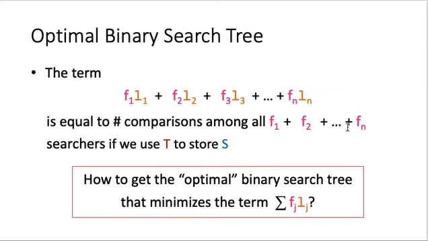So this is the number of comparisons among all the possible searches that we are going to make. We could have different search trees T, and with different trees, the levels L1, L2, L3, and so on will be different. So we want to get an optimal binary search tree such that this summation term is minimized.